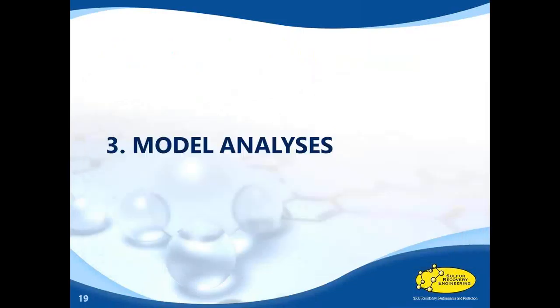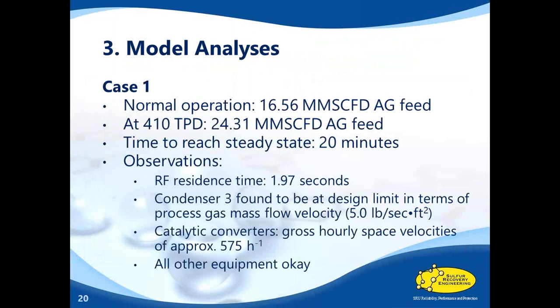Now we'll move into the analysis of the simulation cases that we did in the paper. In case 1, normal operation was 16 million standard cubic feet per day of acid gas feed. As you recall, case 1 was operating the unit at 410 tons per day, the calculated maximum capacity of the unit.